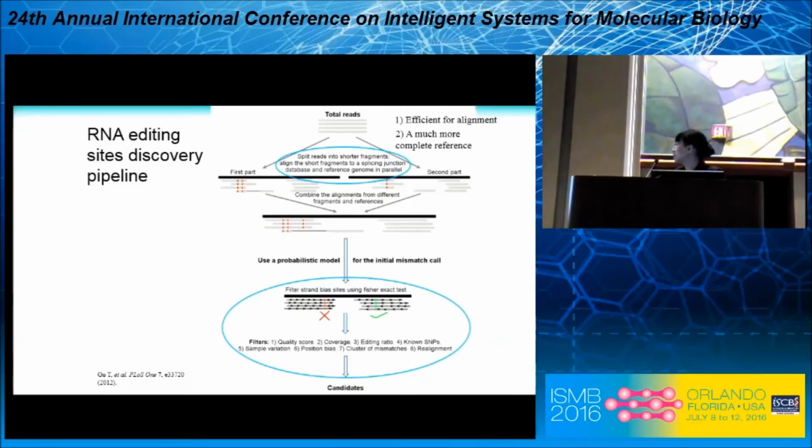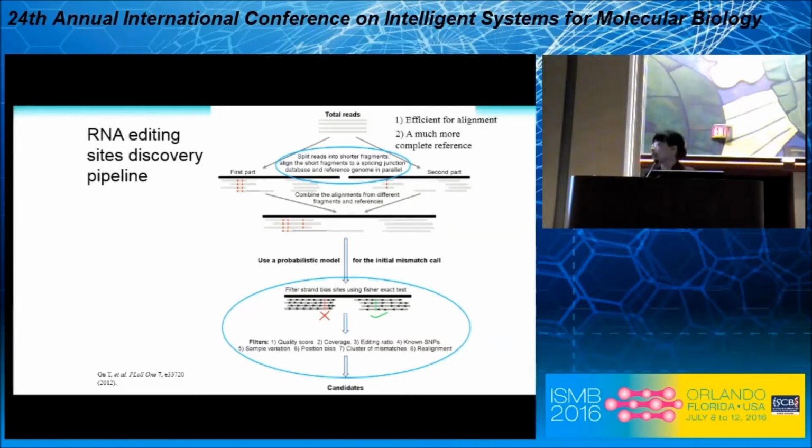Here the sequencing variation filter means if the sites are consistently edited across different samples, so there's no variation across samples, or if the sites consistently appear at a specific region of the reads, or the canonical sites cluster with non-canonical editing sites, they are all positional artifacts. So after removing those, we get a small set of confident editing sites.